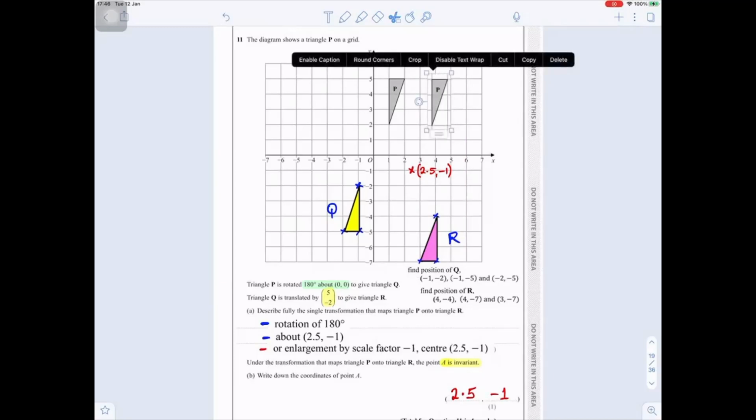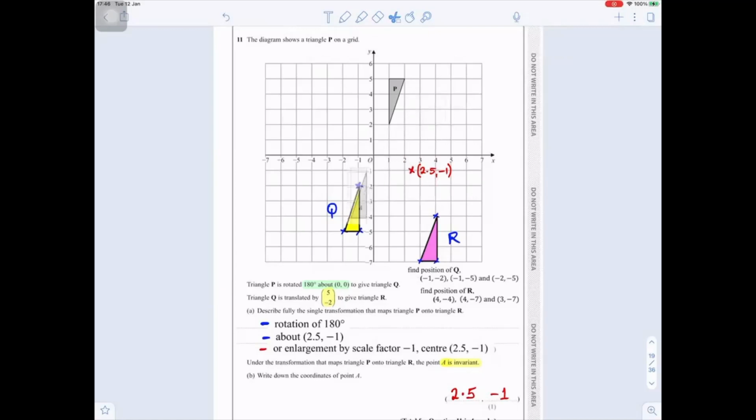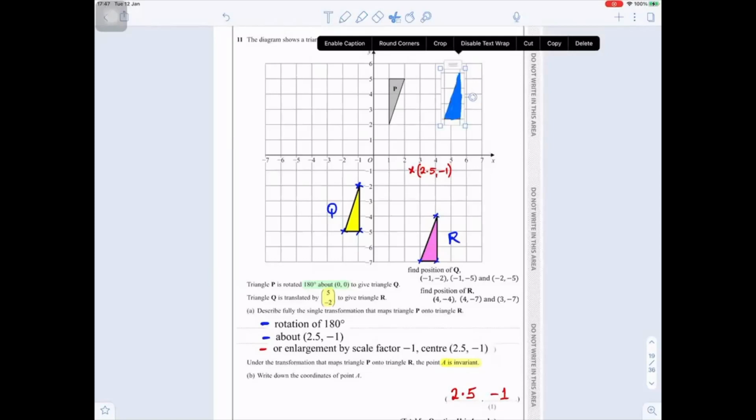Now, after you have rotated it 180 degrees clockwise, and you've got it to this point, you translate it 5 to the right. 1, 2, 3, 4, 5. And then 2 down. 1, 2. It gets to that point there. That's what you do. You translate it 5 to the right, and I've colored it blue so you can see it.